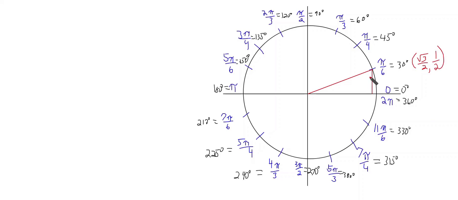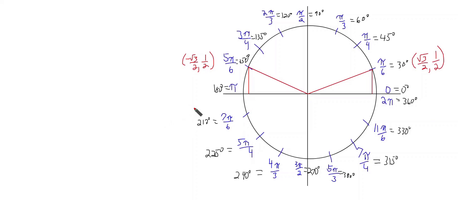And due to symmetry, if we reflect over here and look at the other side, we see that same triangle. But this time, x is negative and y is still positive. What if we go down here? Then x and y are both negative.